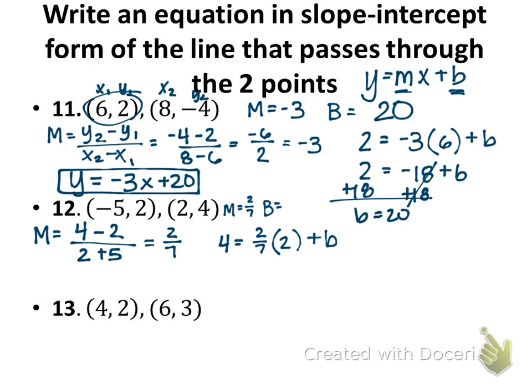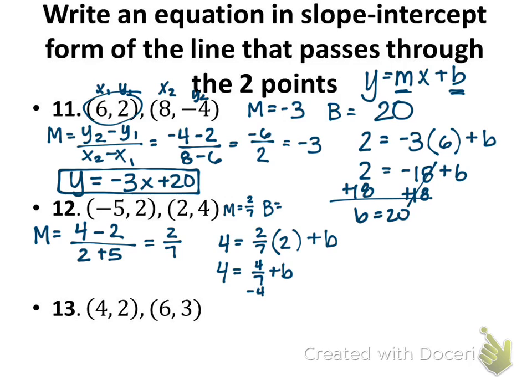Rise over run. So we would go up 2 over 7. All right? Now what would I do? Multiply. What's 2 over 7 times 2? 4 over 7. Now, how would I get b all alone? Subtract 4 over 7. You do not multiply by the reciprocal because the fraction is not being multiplied by b.